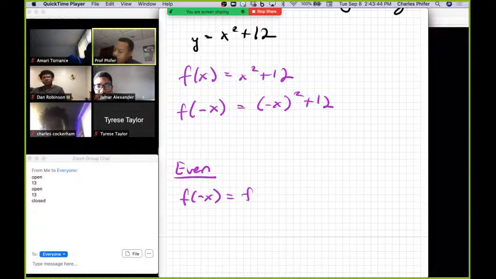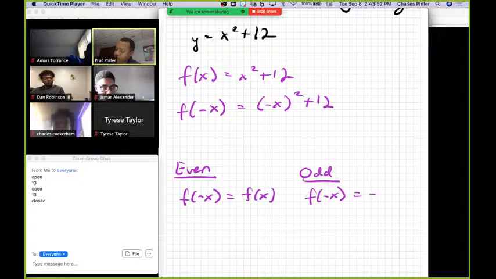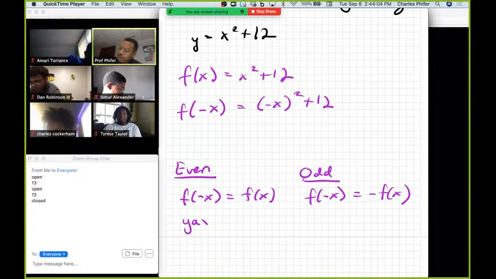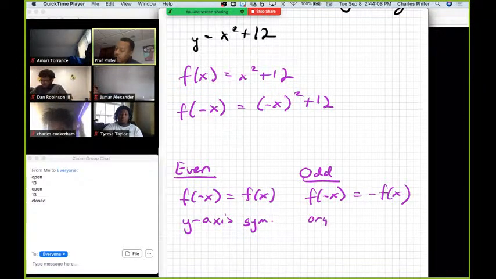A function being odd means if we do f of negative x, that gives us negative f of x. A function being even is the same as y-axis symmetry. A function being odd means origin symmetry.